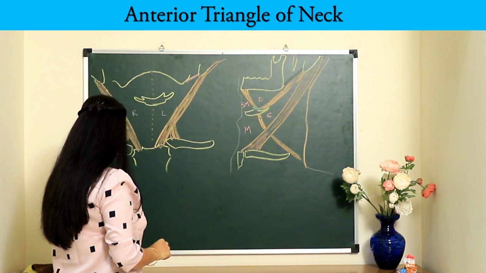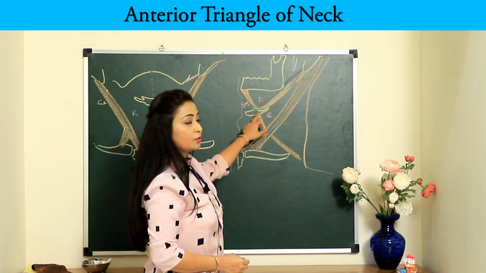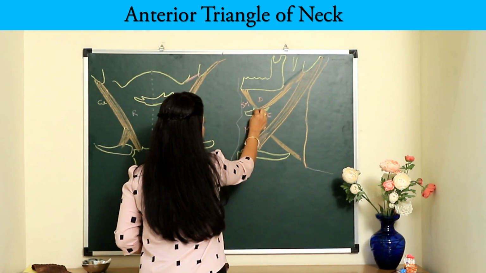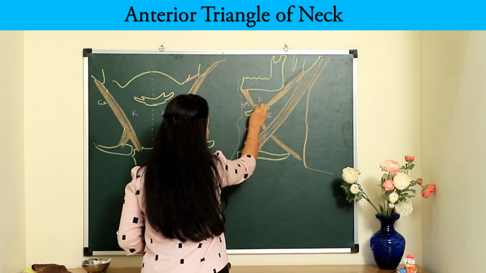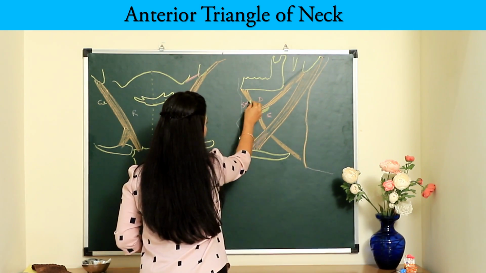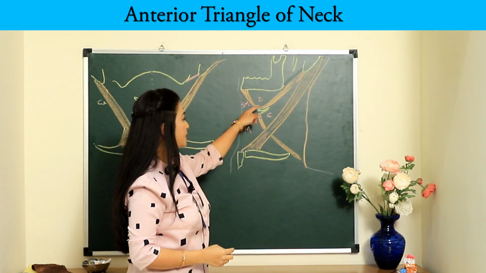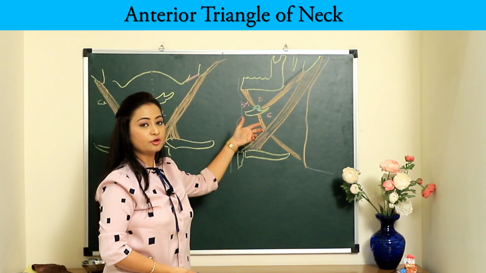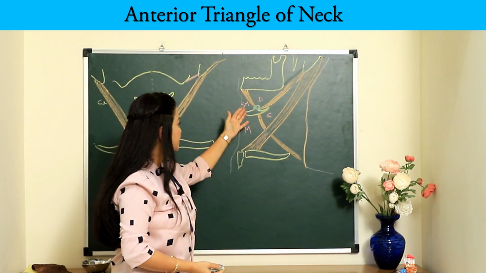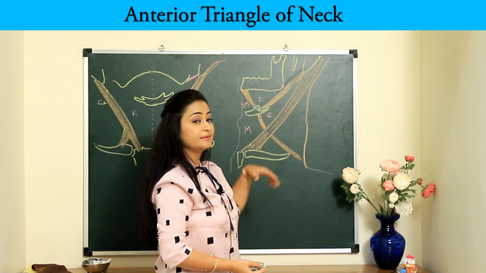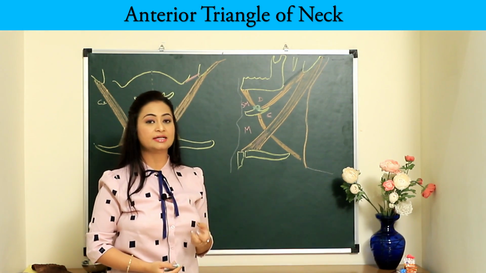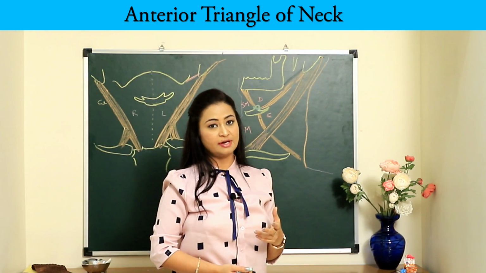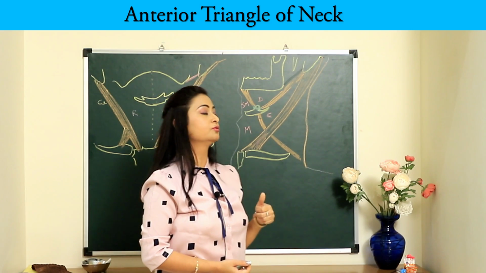It is attached to the hyoid bone with an inverted U-shaped sling like this, through which the intermediate tendon passes and is separated from it by a bursa. Now this U-shaped sling is formed by the condensation of the deep cervical fascia. Okay, it is a point to note.